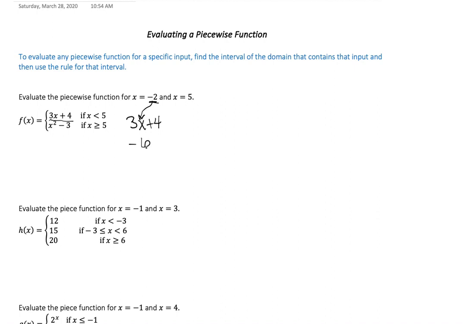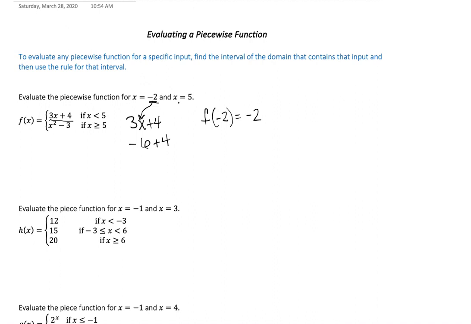So we have -6 plus 4. So evaluating this piecewise function for -2, you get -2. f of -2 is -2. It doesn't always work out like that.